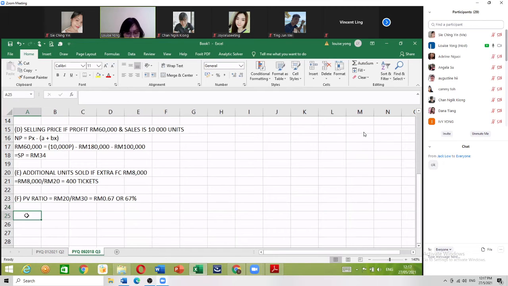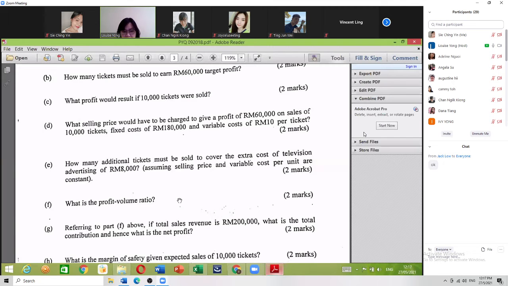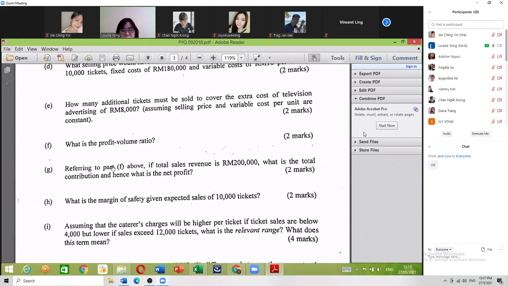Okay, G. Refer to part F above. If your total sales revenue is 200,000, what is your total contribution and what is your net profit? So you need to calculate two things.